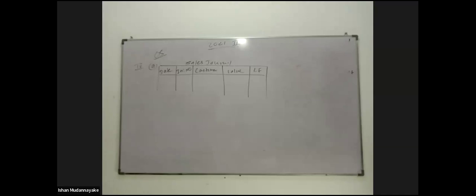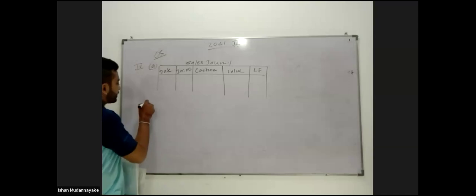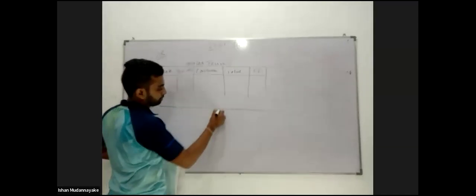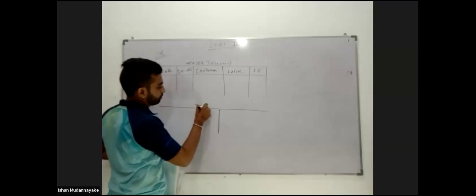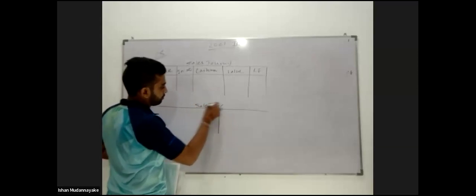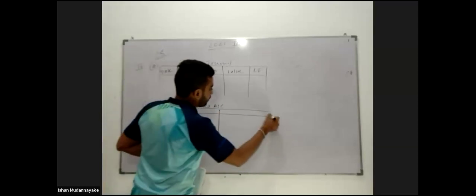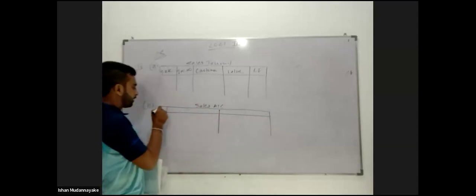And then my sales account, B. Sales account. Better to draw the structure format.